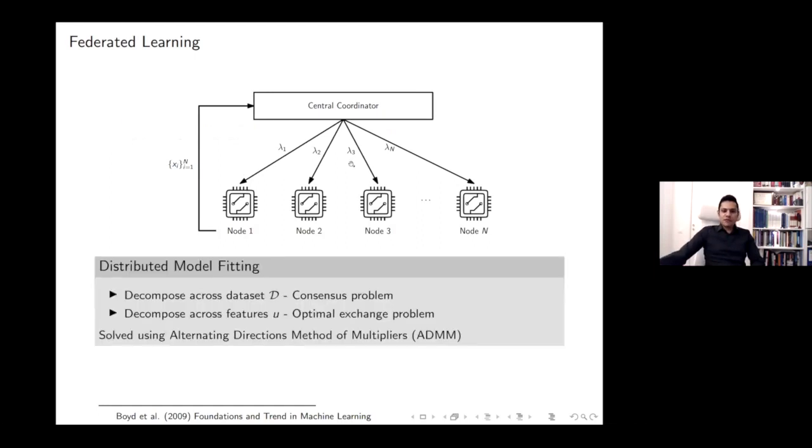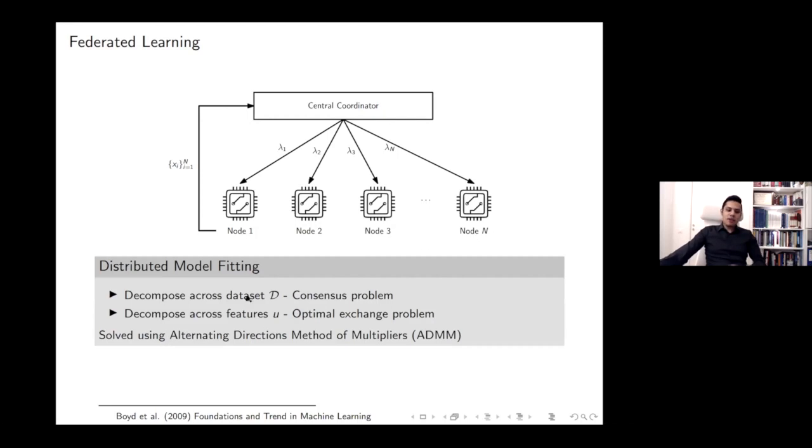So there are different ways of decomposing it. Either you can decompose across the data set, in which case the distributed optimization problem becomes a consensus problem, or you could decompose across features, in which case the distributed optimization problem is formulated as an optimal exchange problem.